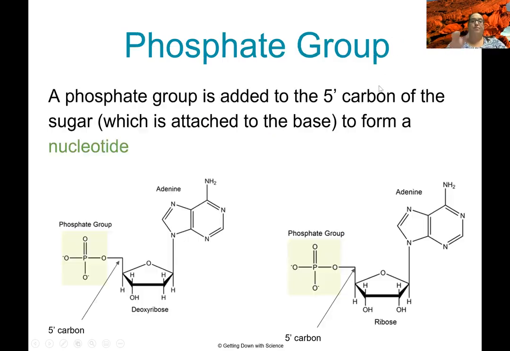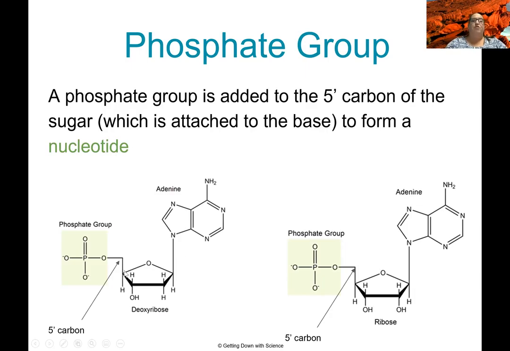Okay. And then the third part of our nucleotide was the phosphate group. The phosphate group is added to the 5' carbon of the sugar. This is the one that's attached to the base to form a nucleotide. So you'll notice we attach off of each of these points on this ring is a sugar. Remember, we talked about that before, that when we have these bends or twists, that's a carbon at each point. So carbons, carbons, carbons.